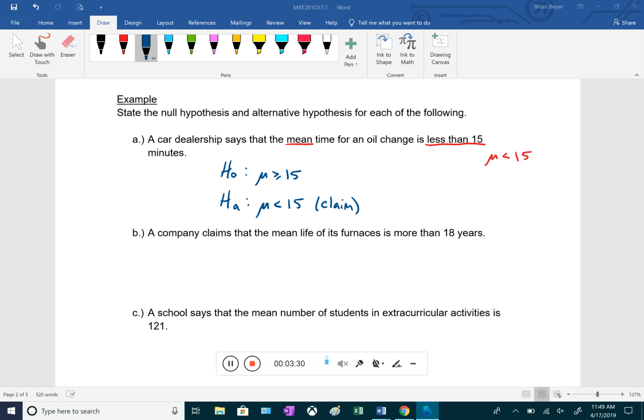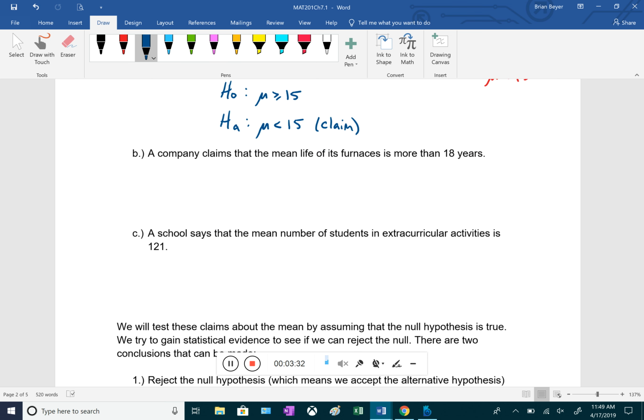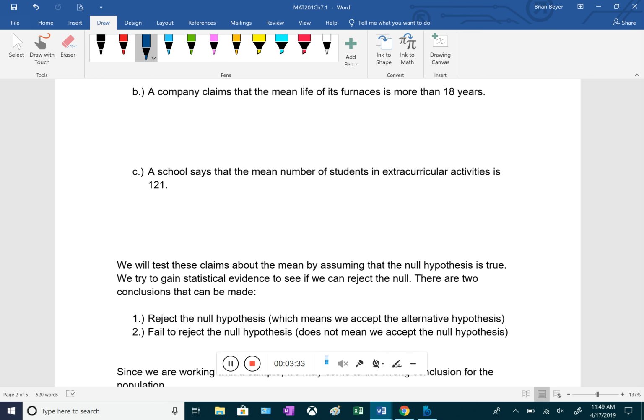Okay, and then for B, we have a company that claims that the mean life of its furnaces is more than 18 years. So the claim is that the mean is more than 18, so our claim is mu greater than 18. When we're setting up our alternative and our null, mu greater than 18, once again, has to be the alternative because there's no equality.